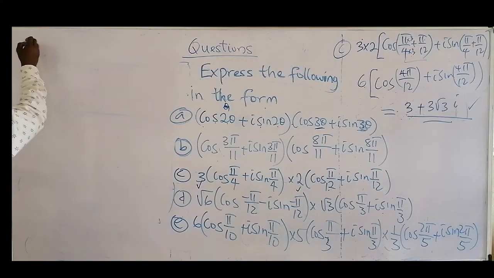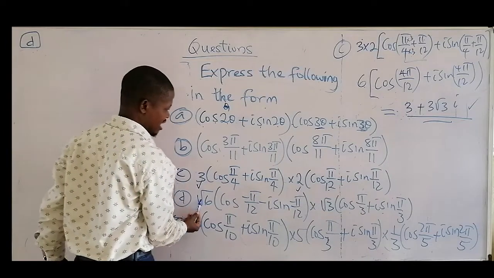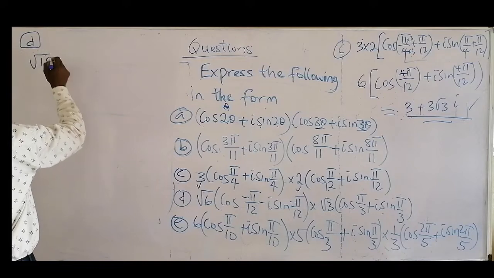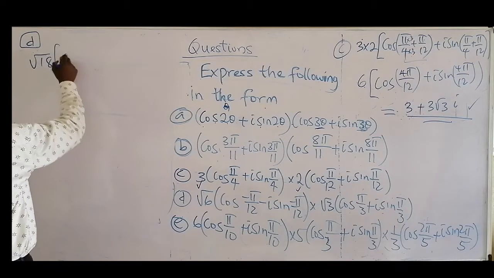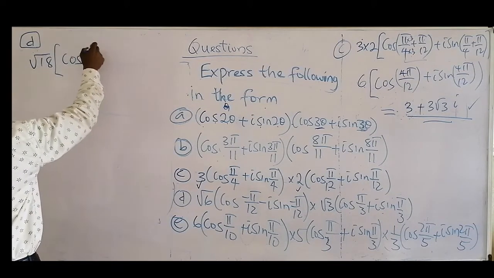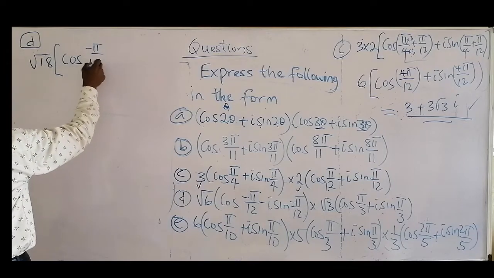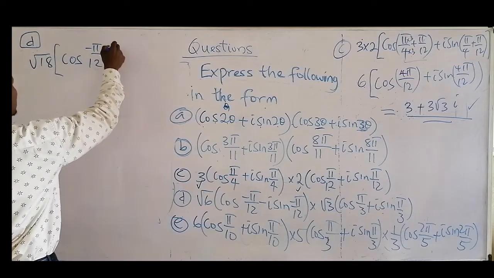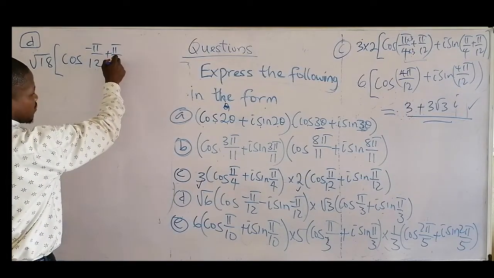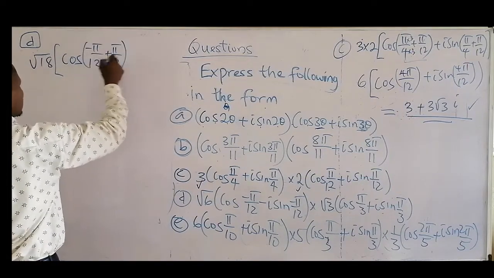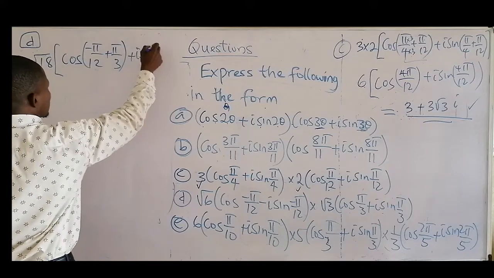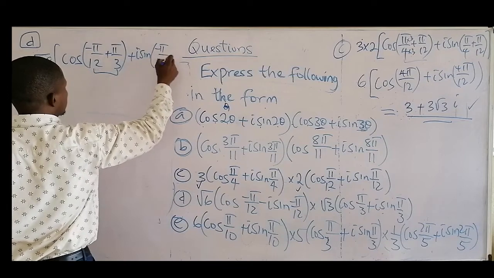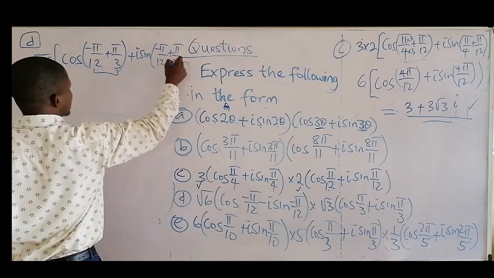For D, it's going to be the modulus here times the modulus here. That's root 18. Then we have cos of theta 1, which is minus pi over 12, plus theta 2, which is plus pi over 3. Then plus i sine, the same thing: minus pi over 12 plus pi over 3.